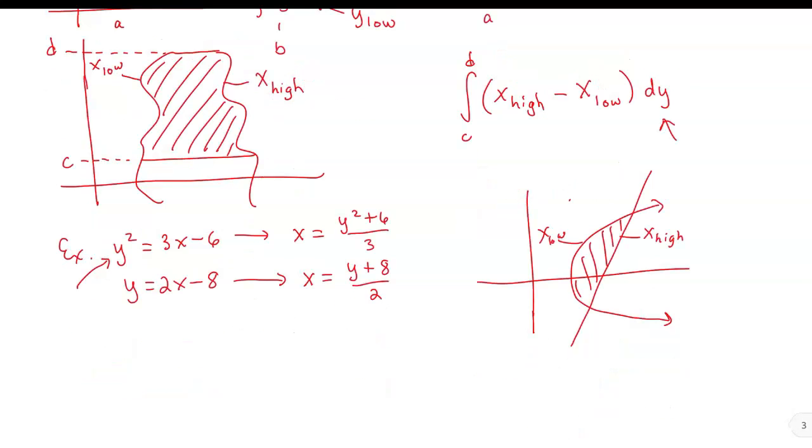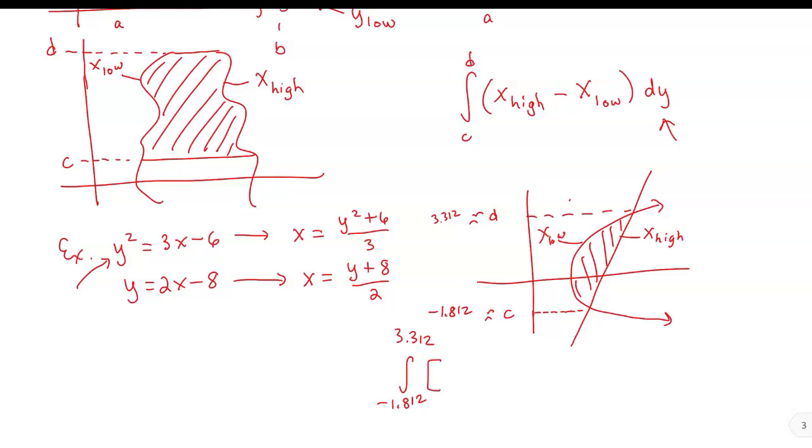When you set up the integral for this, you're going to go from c to d, and I'll tell you what those are. They're not nice numbers. c is about -1.812 and d is about 3.312. So your integral is going to go from -1.812 up to 3.312, and we have to do x high minus x low.